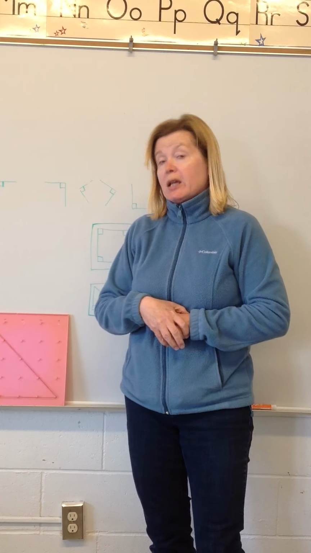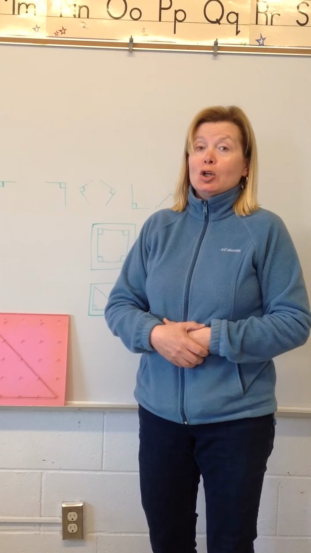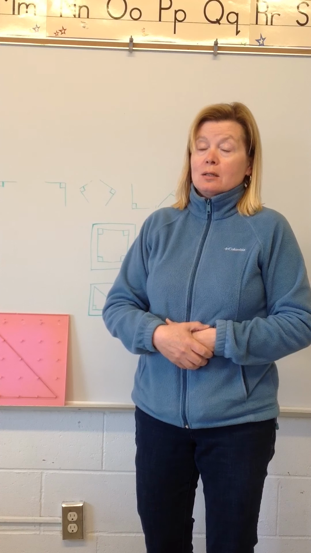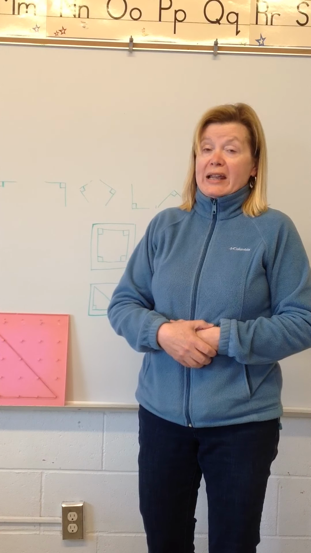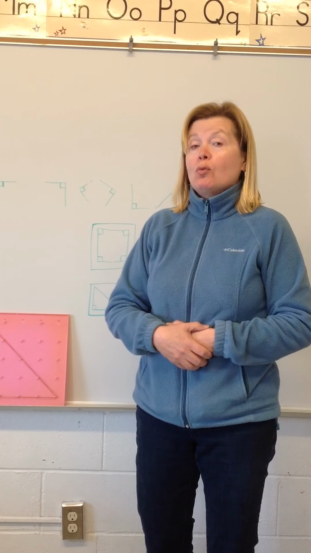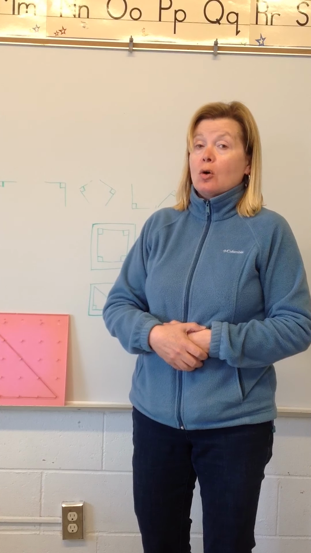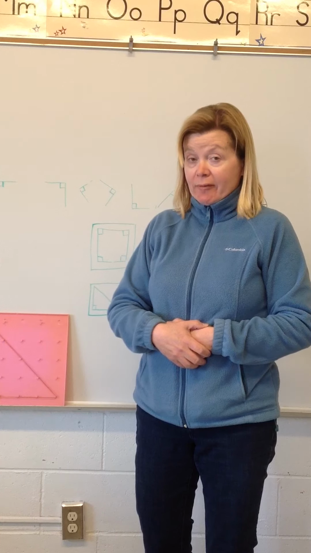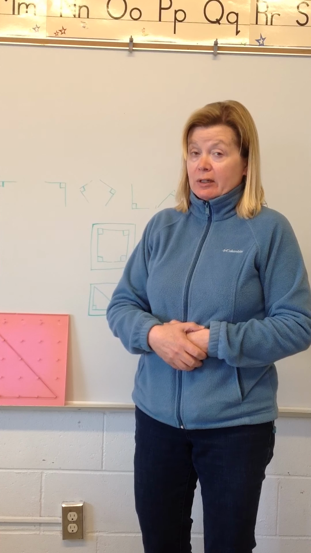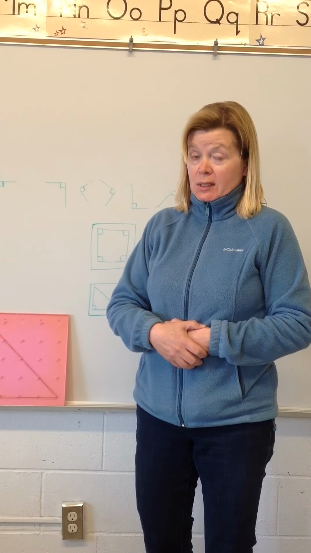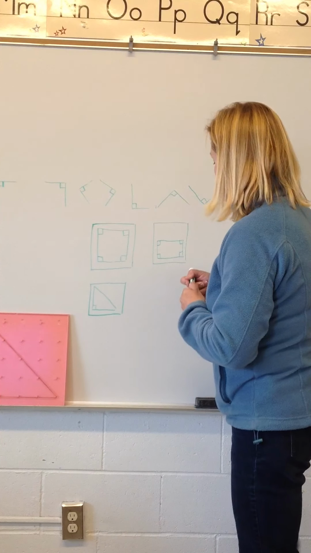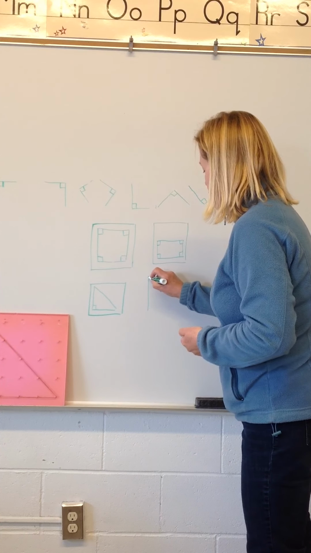Your last space is for you to make your own right angle shape. It has to have one right angle in the whole shape. You can have more if you wish, but it has to have at least one. So let's see what I can come up with. Here's my geoboard again.